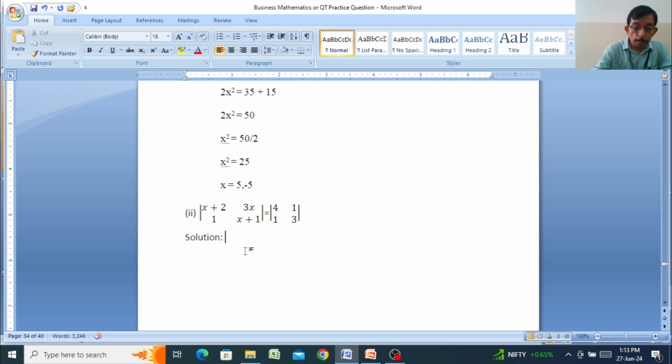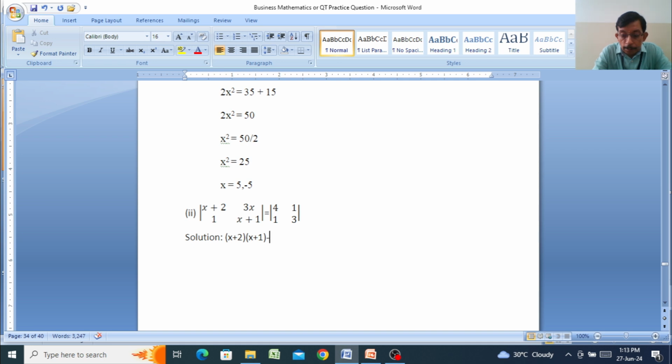Multiply both diagonal elements, x plus 2 multiplied by x plus 1, minus. The second diagonal elements are 1 and 3x.